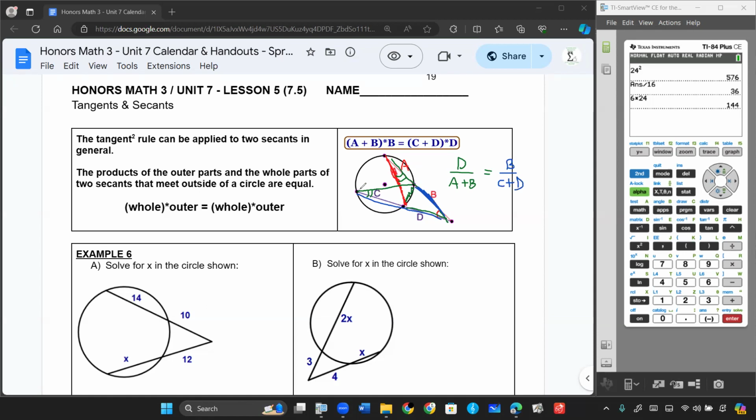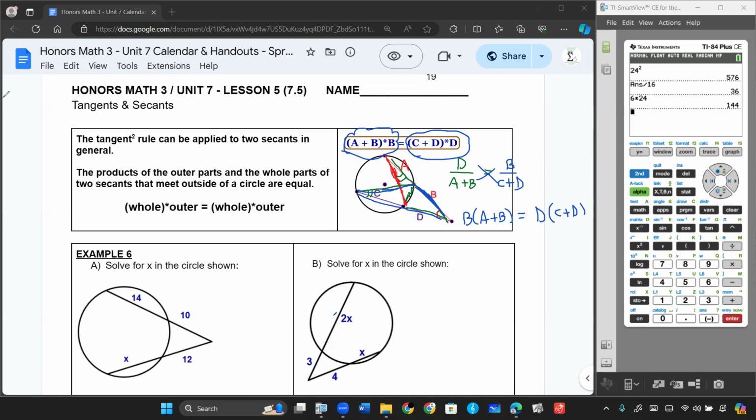So this triangle right here is going to be similar to that. Those two ratios are equal. Well, once again, I'm just going to cross multiply, and I have this B parentheses A plus B, which is this. And then I have that equal to D parentheses C plus D, which is that. So it's the same kind of concept. It all comes from similar triangles.